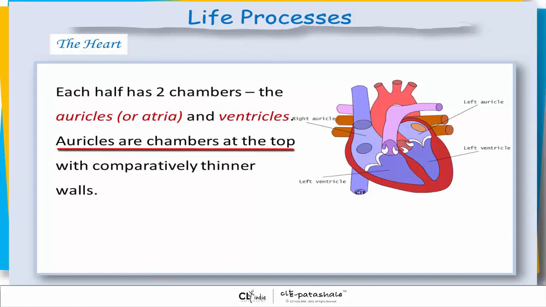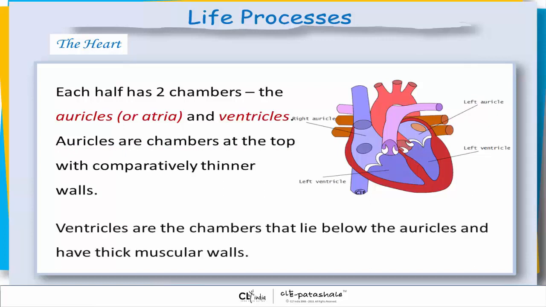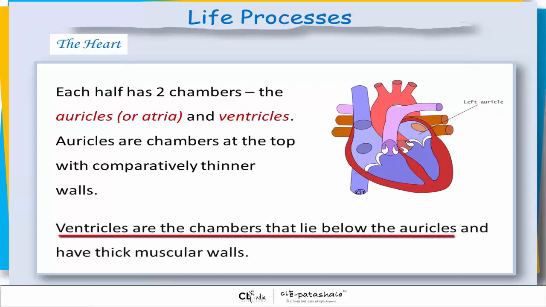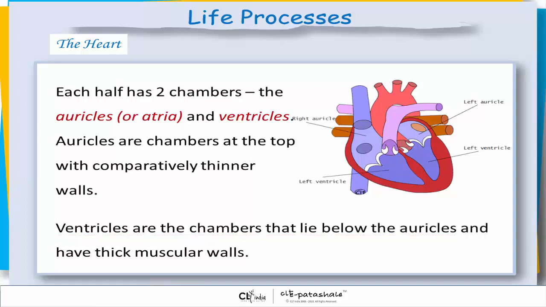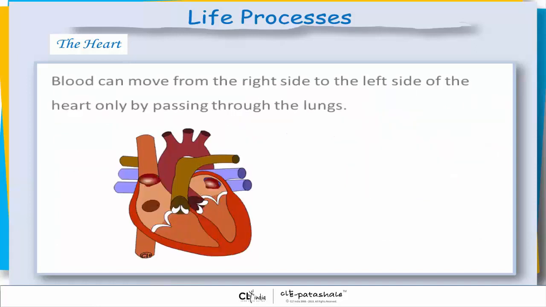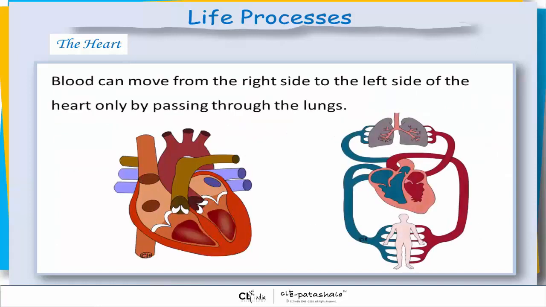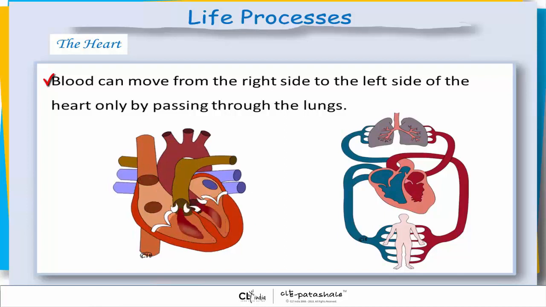Auricles are chambers at the top with comparatively thinner walls. Ventricles are the chambers that lie below the auricles and have thick muscular walls. Blood can move from the right side to the left side of the heart only by passing through the lungs.